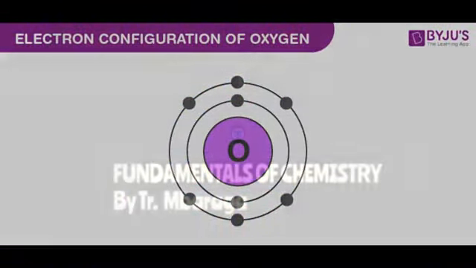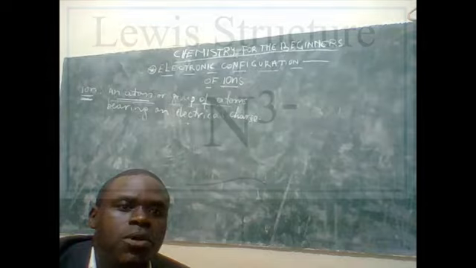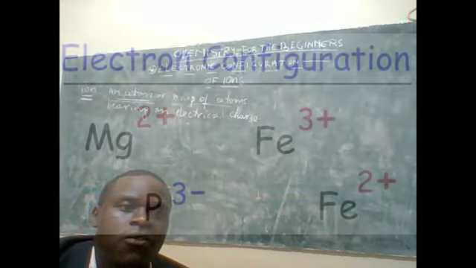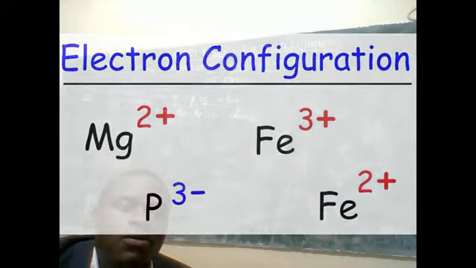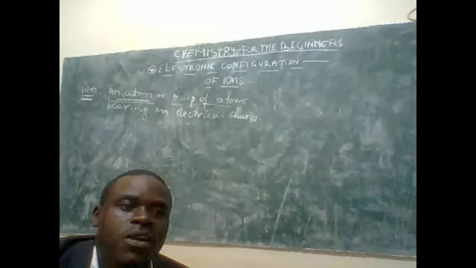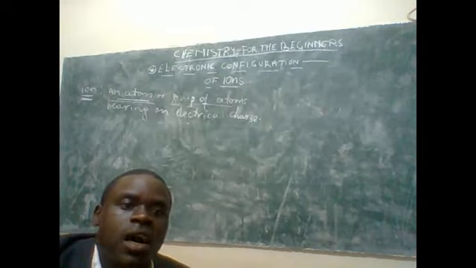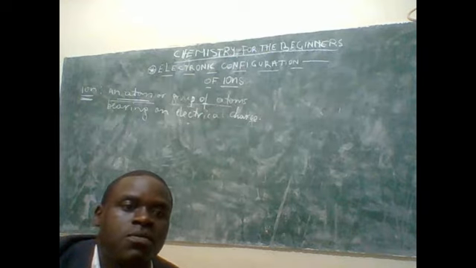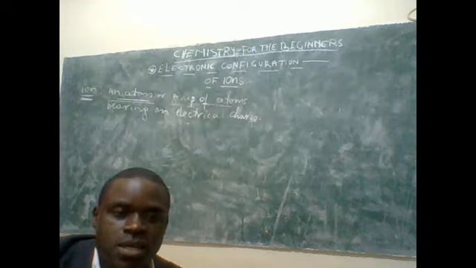As we continue, we are going to see the notation of ions and how to write them differently from the way we write the symbols of atoms. So when you are reading books, you will know how to tell if an atom is an ion or not.